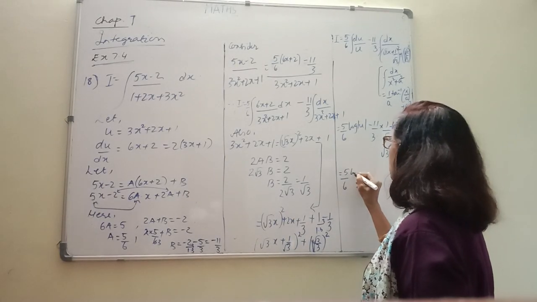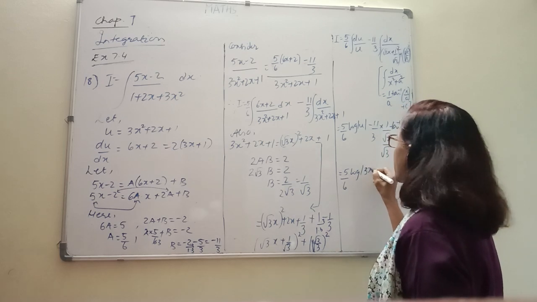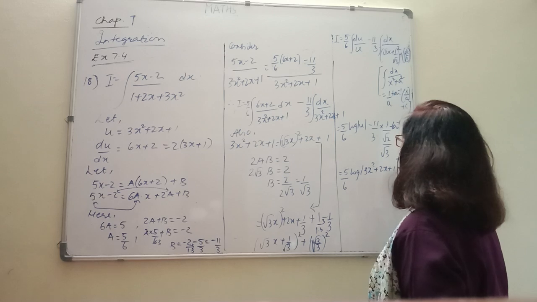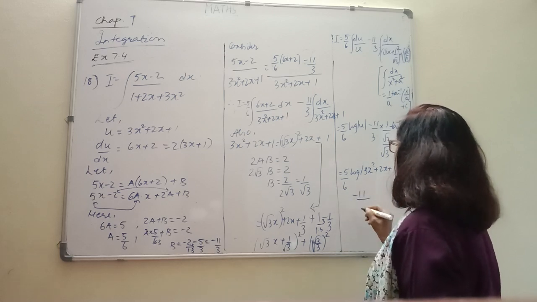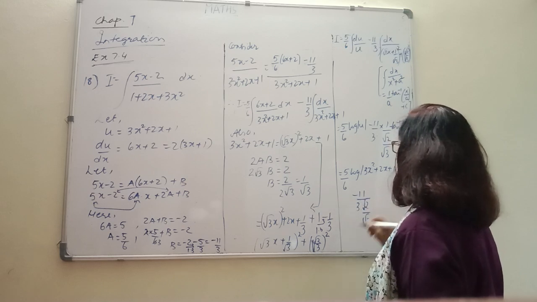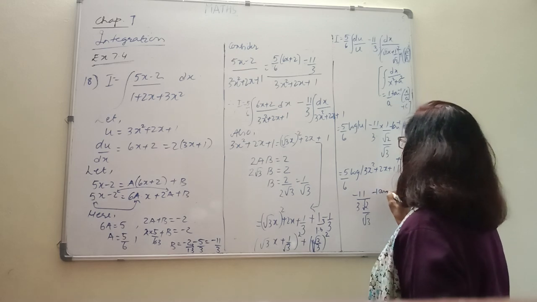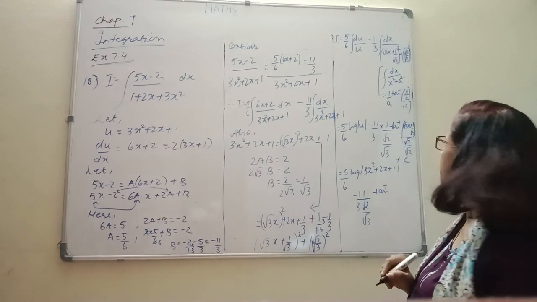5 over 6 log modulus of 3x squared plus 2x plus 1. And let's make all the simplifications here. 11 over 3 root 2 over root 3, and when the tan inverse is not in simplified form, this root 3 can come there and it can become 3x.